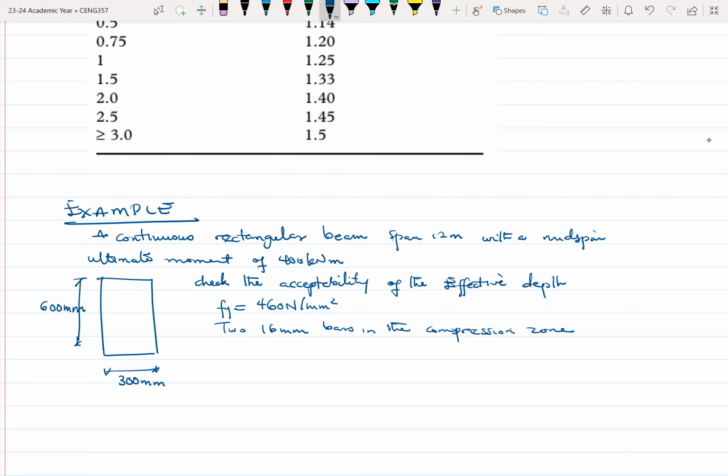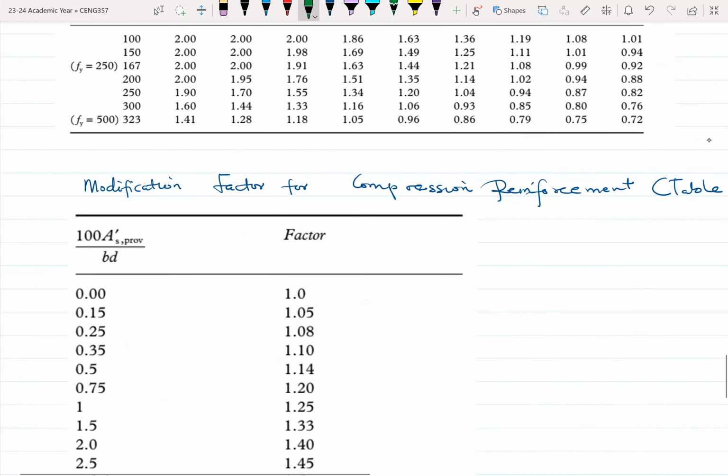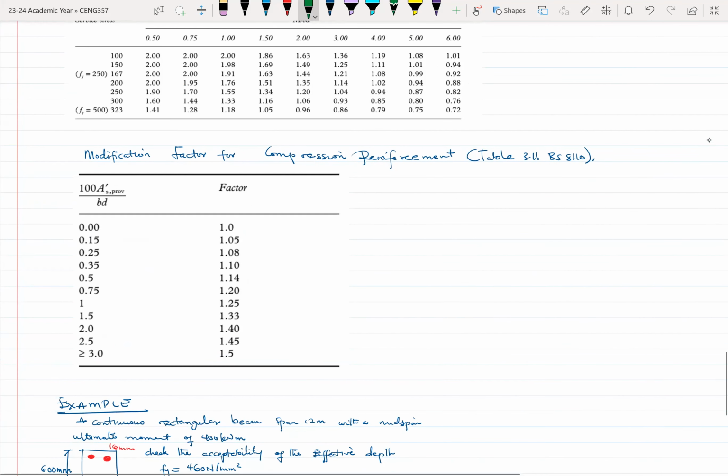So what it simply means is that we have two bars here, each one 16 millimeters. There are also some number of bars in the tension zone, obviously, but we don't know how many they are. And because in this case there is some compression reinforcement, we'll go to the table, the modification factor for compression reinforcement.